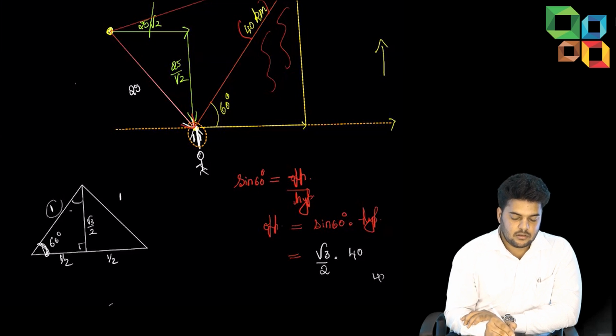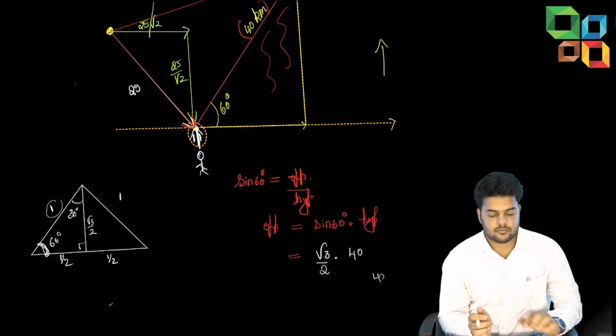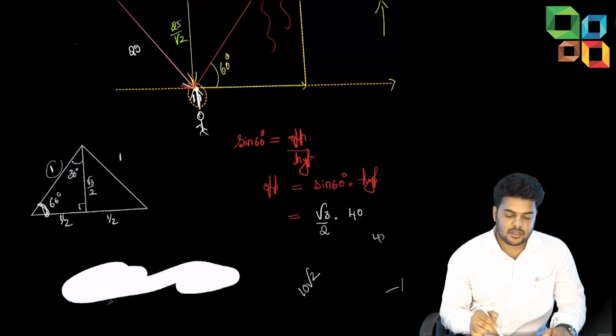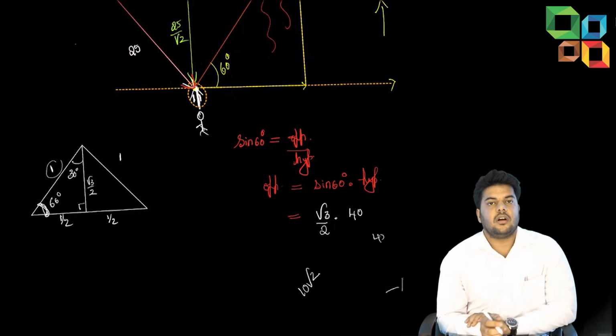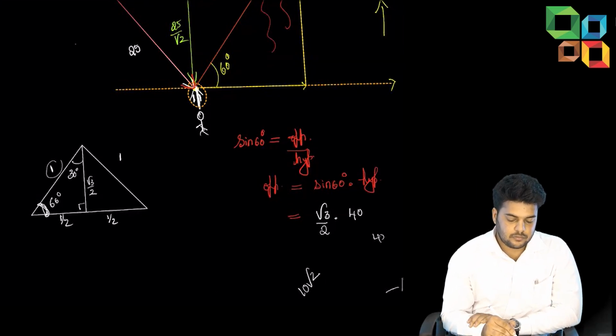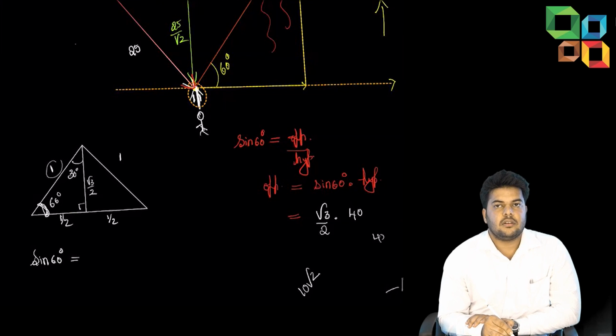And here it would be 30 degrees. Now can you tell me sine of 60 degrees? Sine of 60 means the side opposite to the 60 degrees, whatever the length is, divided by the hypotenuse.